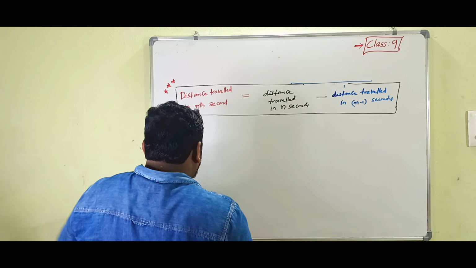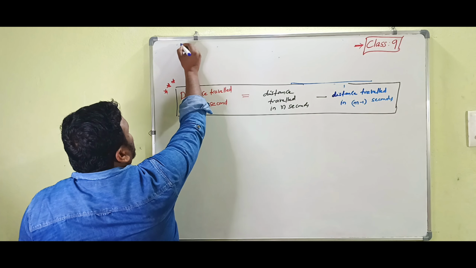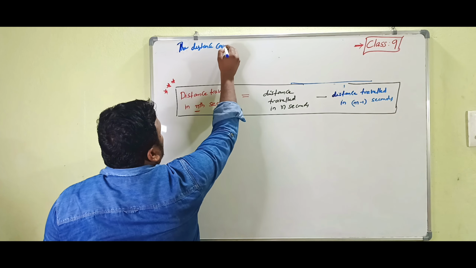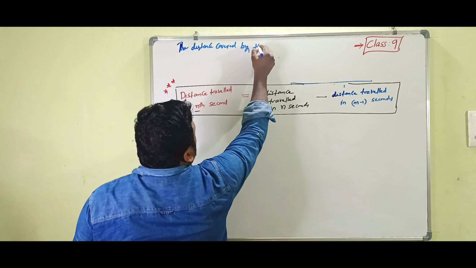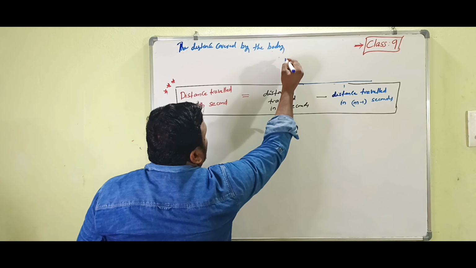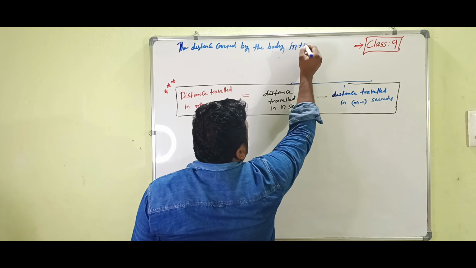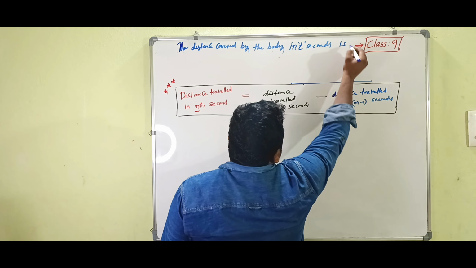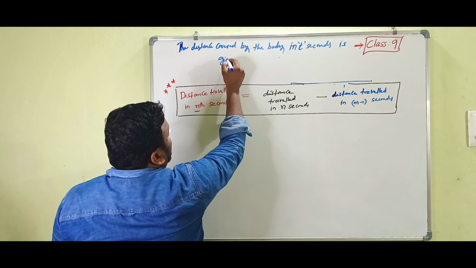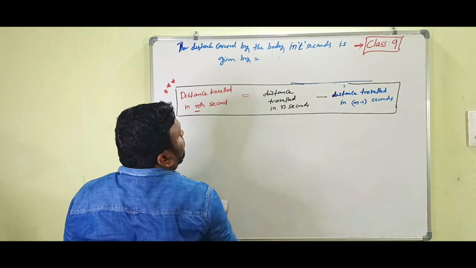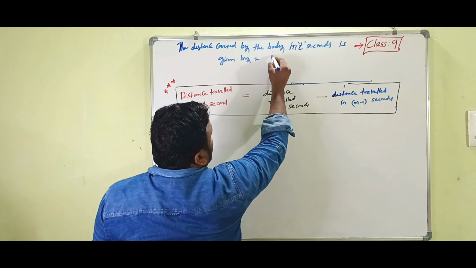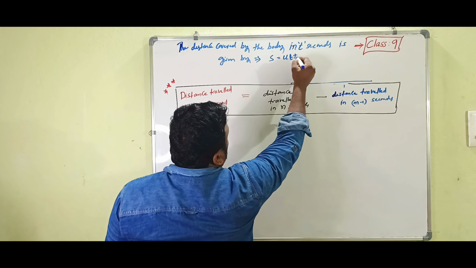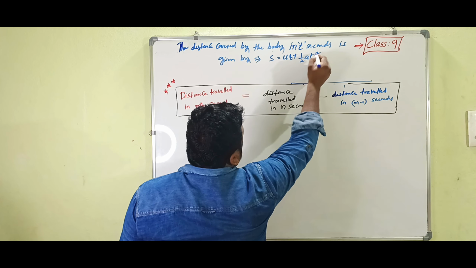The distance covered by the body in t seconds is given by s = ut + ½at². This is the equation, children.